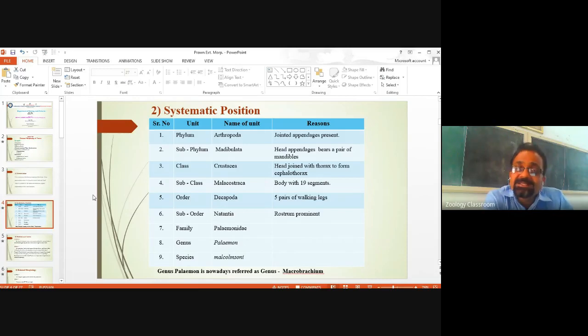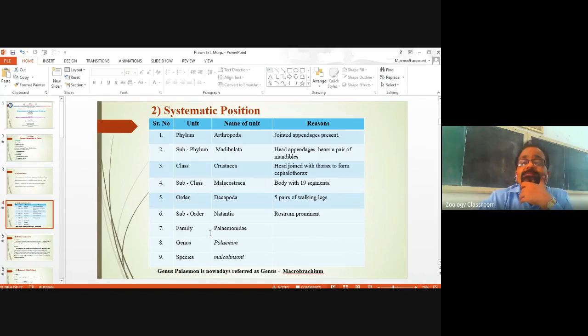And this serrated rostrum, the number of cirri present in the rostrum, decides the species of that prawn. So it is also very important as a mark of identification, as the rostrum is present, and its length, size, dimension and number of cirri differ from species to species.